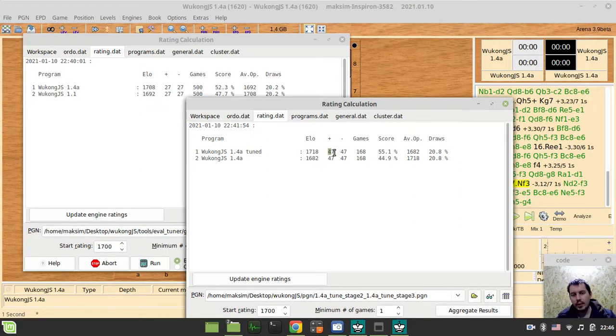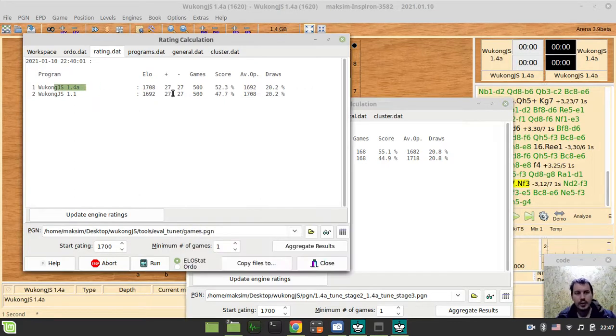So we have a 47 Elo advantage. This stage 2 of tuning is 47 Elo points better compared to this one, which on its own is a rough estimate of 27 Elo points stronger than the bare piece-square tables.